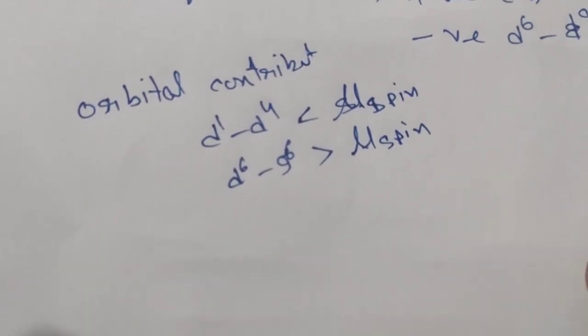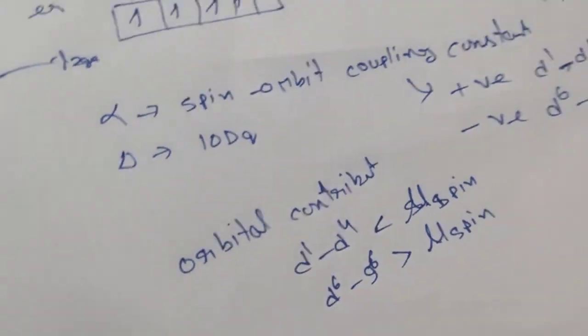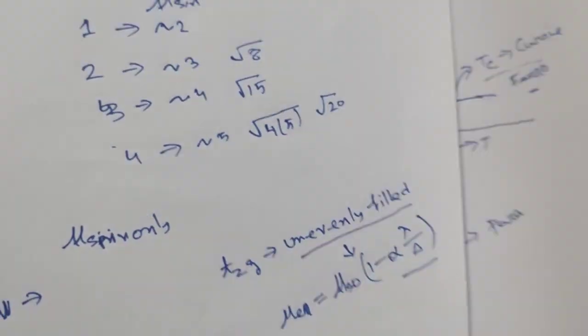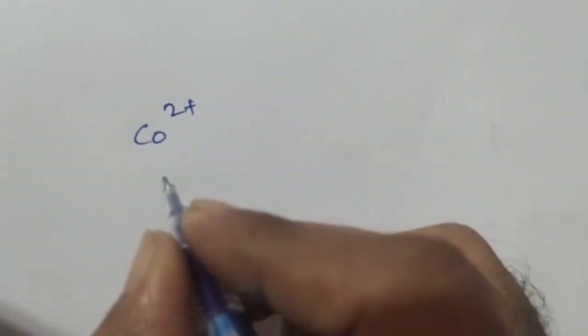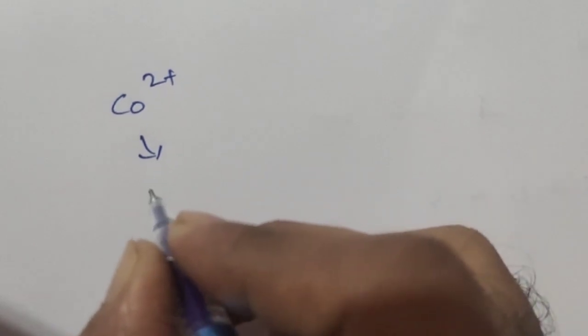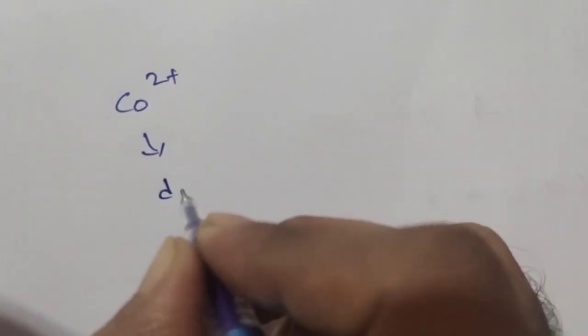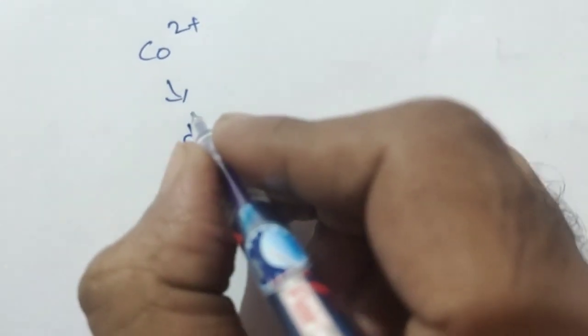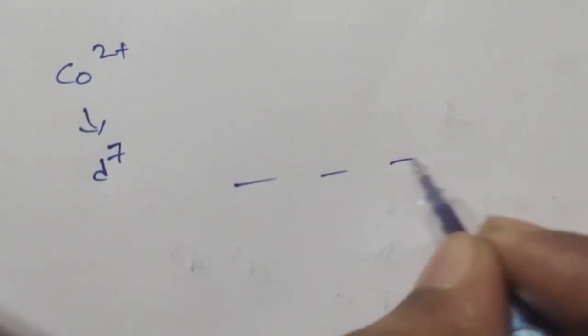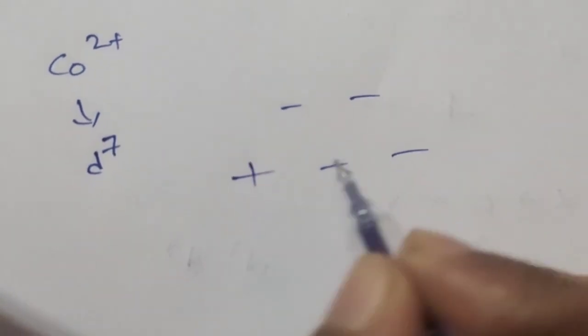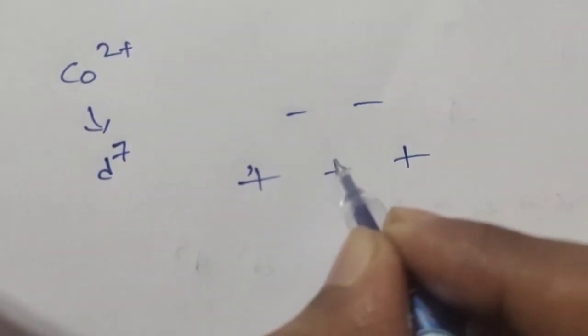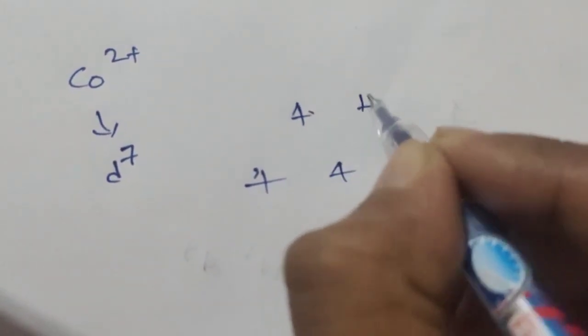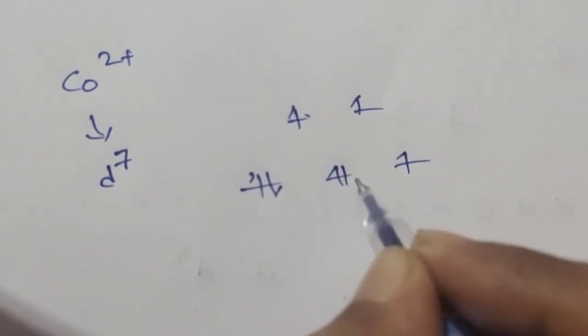Let's take an example to make it simple. Let us take the cobalt 2+ system. Cobalt is a d7 system, so the electron filling will be 1, 2, 3, 4, 5, 6, 7.